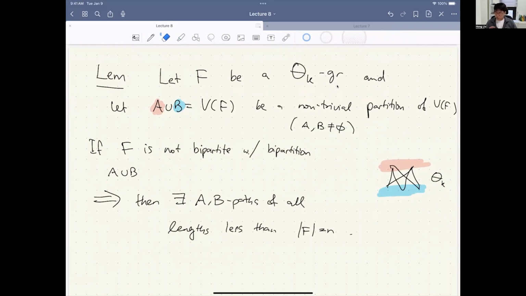So what does this say? Suppose this is A, this is B. All it's saying is that, okay, you have a theta k graph here, and you have some partition.